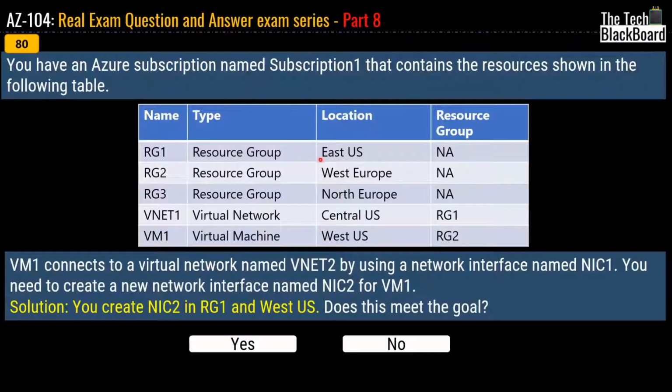So both East US and West US are located in the same region. And that's very important. The virtual machine you attach a network interface to and the virtual network you connect it to should always be in the same region. And here East US and West US are both in the same Azure region. And that's why the correct answer for this question is yes.